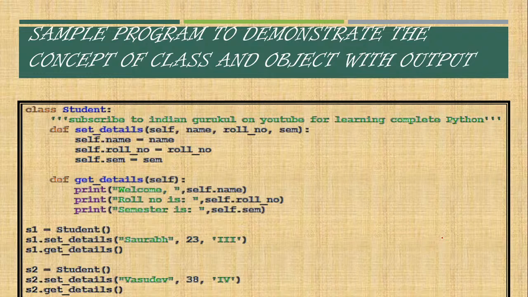Now let's see an example of the student class. Over here what I've done is I have created a class first of all. Since Python is a dynamically typed language, for any variable or data member which is there, we do not need to first declare the members.